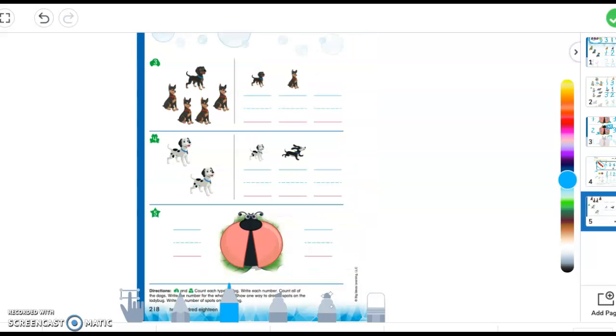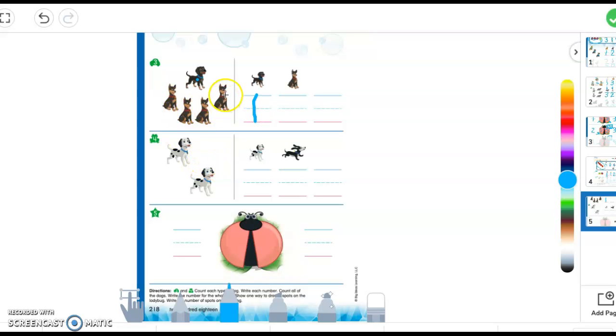Okay, let's go to our back page. We have dogs with blue collars and dogs with burgundy collars. Okay, how many dogs in our set have blue collars? 1. So we put a 1 here.